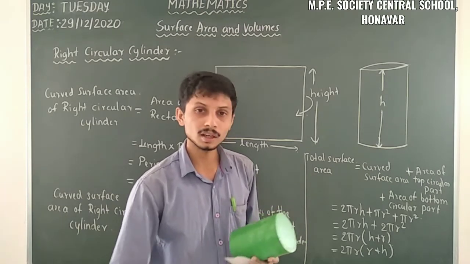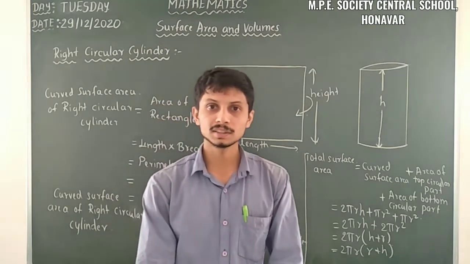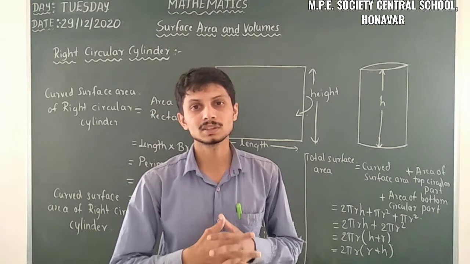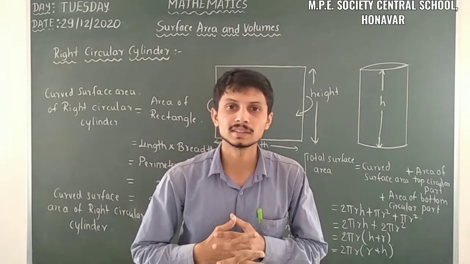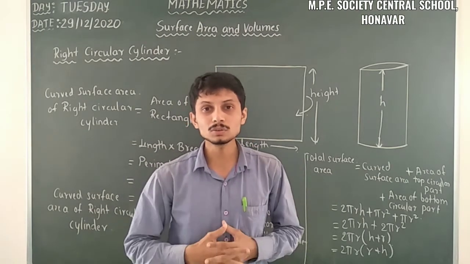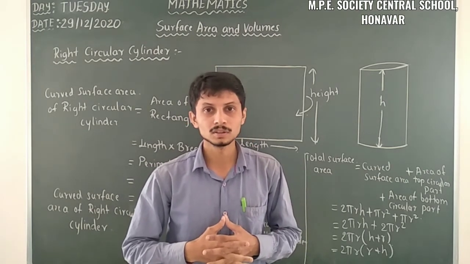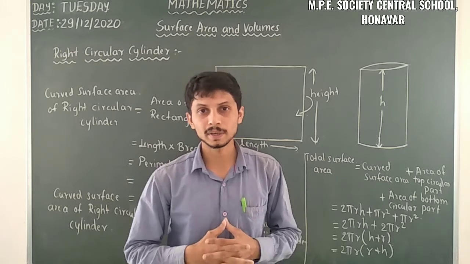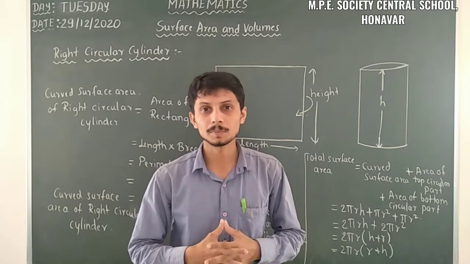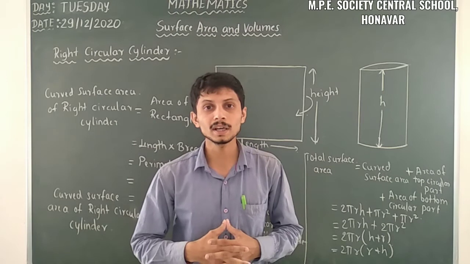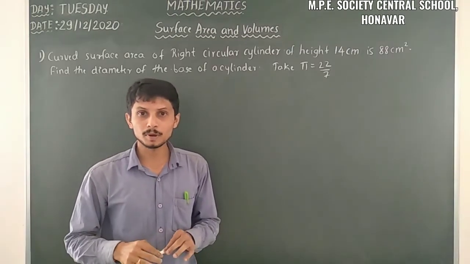So here we have the two formulas: the curved surface area of the right circular cylinder and the total surface area of the right circular cylinder, and using those we have to find out some measurements. So we have some problems here. Let's take one by one. Let's take the first problem of this video.